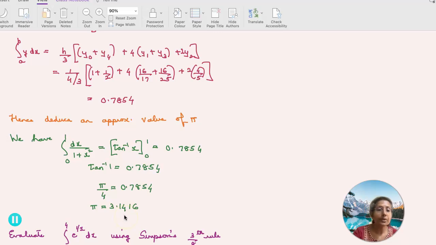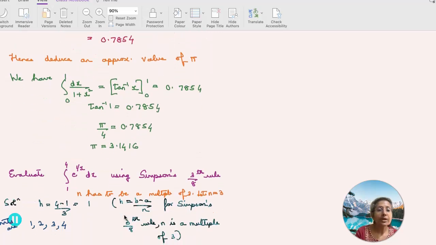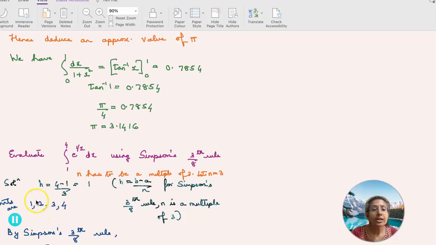Okay, the next problem, evaluate the integral from 0 to 1 of e raised to 1 by x dx using Simpson's 3 by 8 rule. So here let n be 3, so h is b minus a by n. For Simpson's 3 by 8 rule, n has to be a multiple of 3. So let n be 3, so h will be 1, so you get points 1, 2, 3, 4.